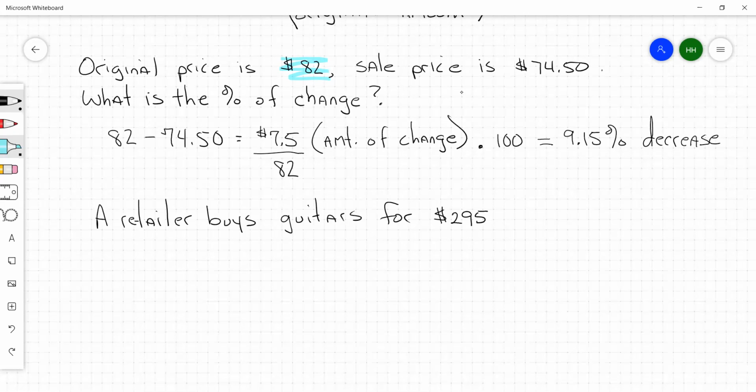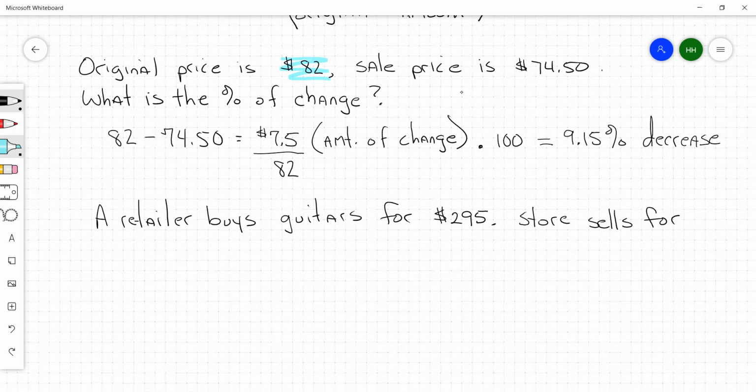That's another word for dollars. The store sells them for, how much do they sell them for? Let's see, $340.